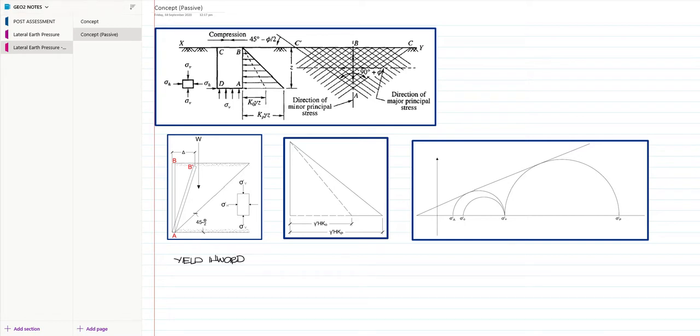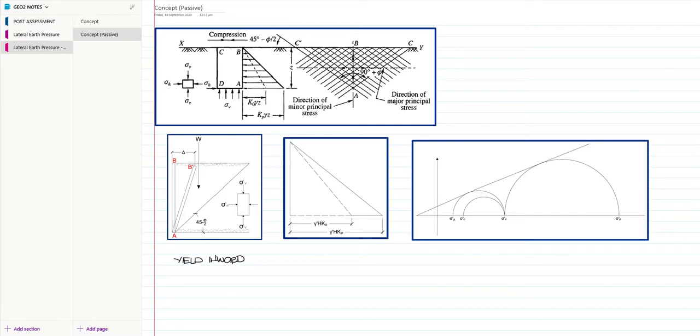Kasi dahil yun sa compression. Kasi nga compression, ibig sabihin, possible na pumasok pa paloob yung retaining wall natin since nagko-compress yung soil natin or yung buong soil natin dito.